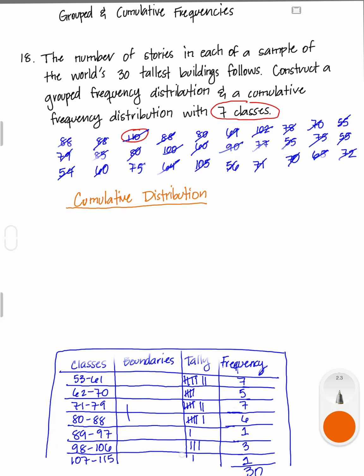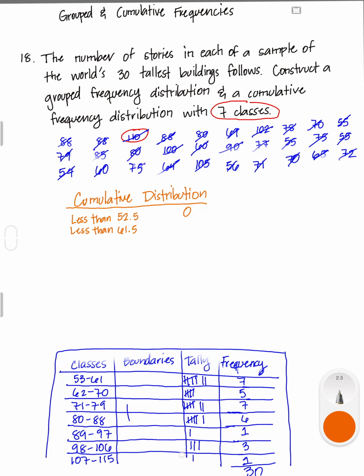So let's say instead of 61.5, let's start with values less than 52.5. Well, there are 0 values less than 52.5. Now values less than 61.5.